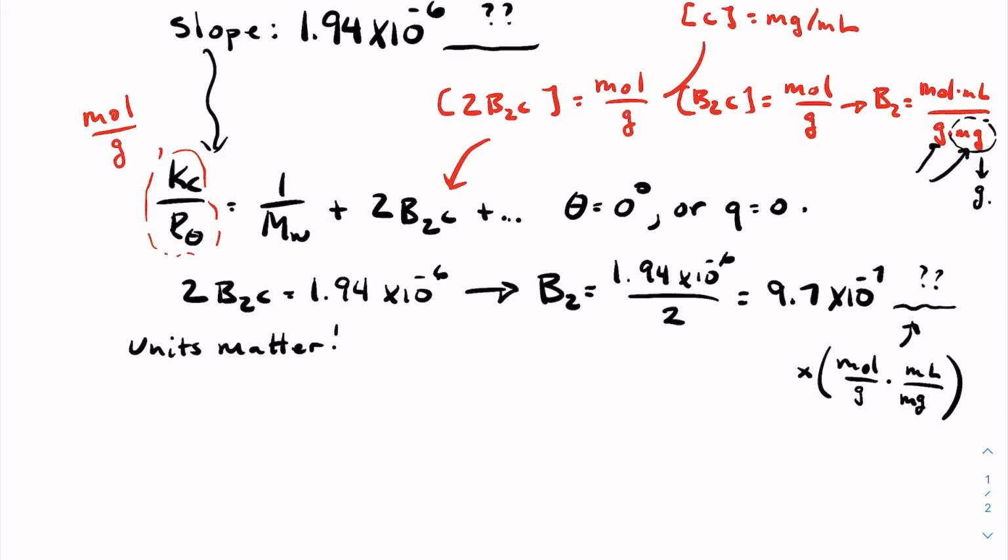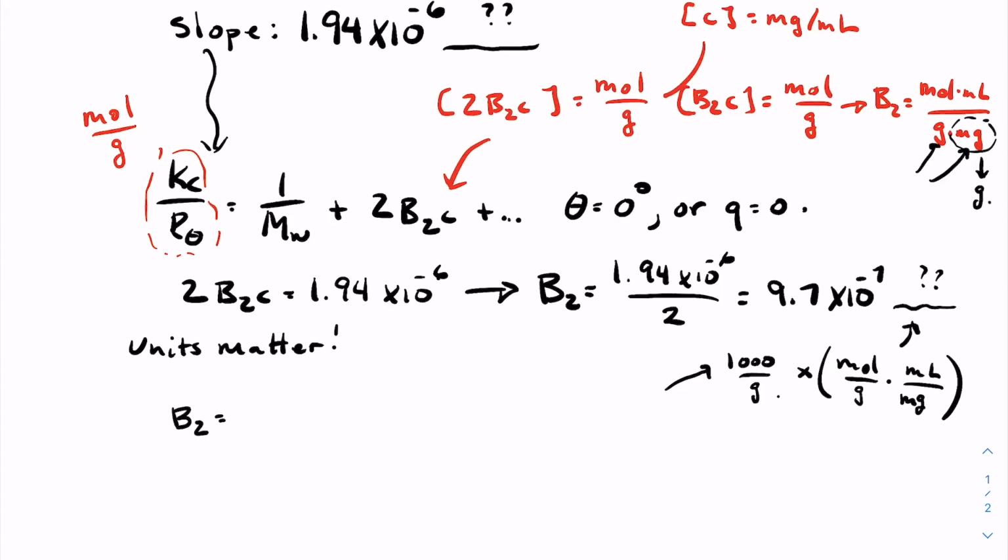And so if we convert the milligrams to grams, then we're going to get moles times cubic centimeters, because that's the same as a milliliter, and then times grams squared, right? So we have to multiply our number by 1,000 to get rid of this milligrams.